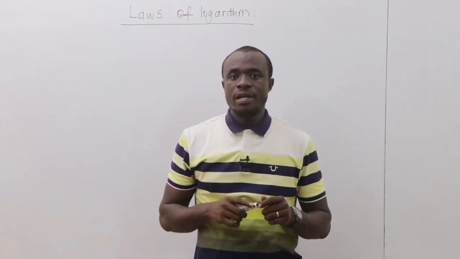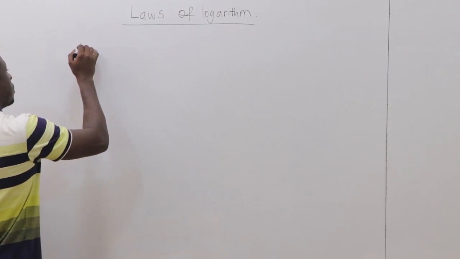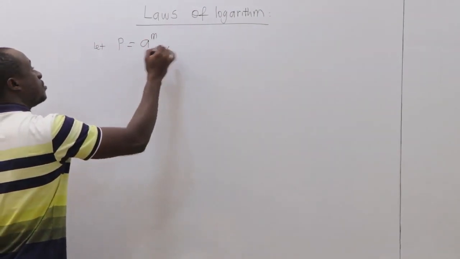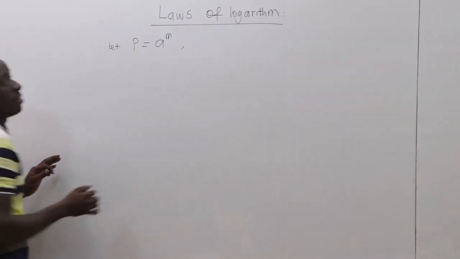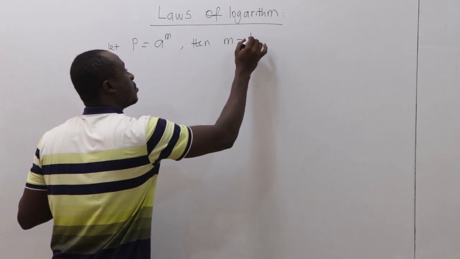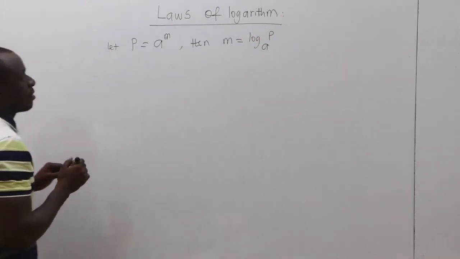Now let's consider the laws of logarithm. So let's say we let p be equal to a to the power m, then what can we say? You can say that m is equal to log a p.